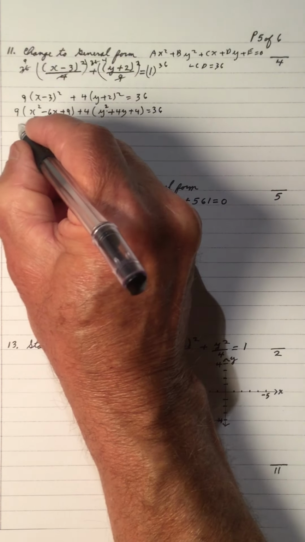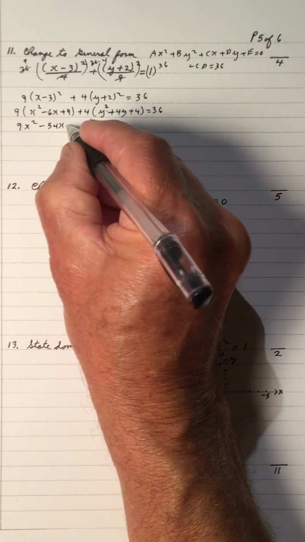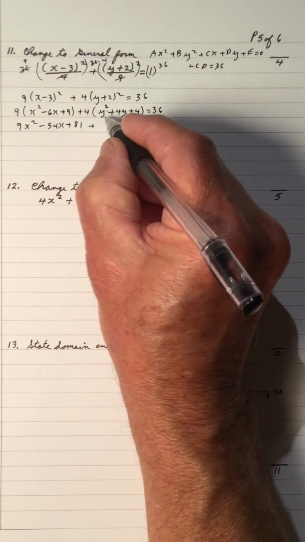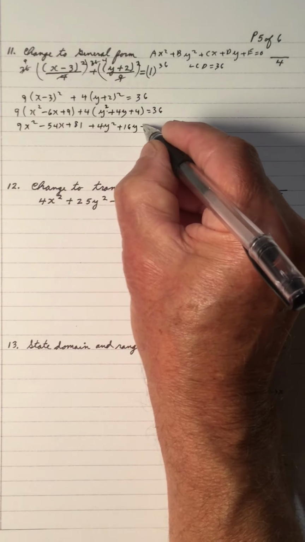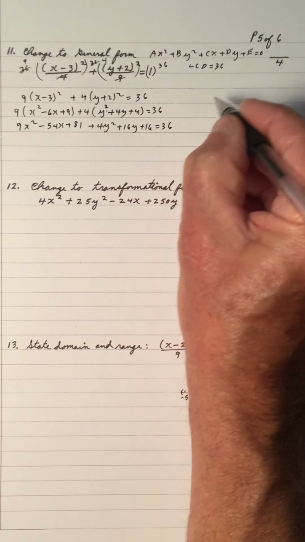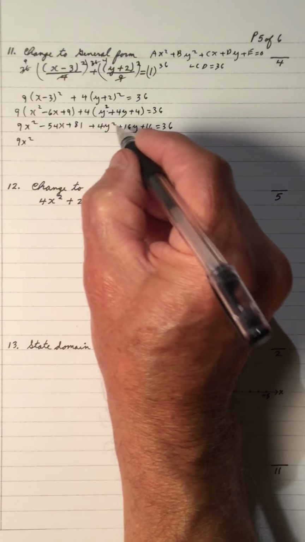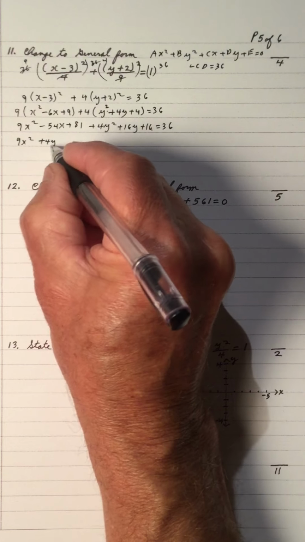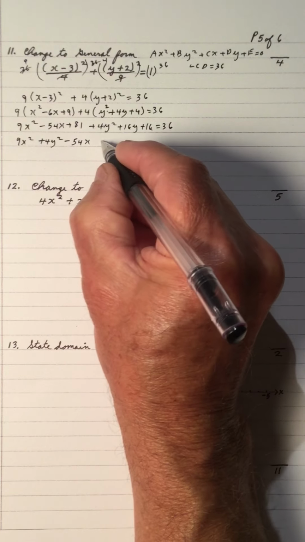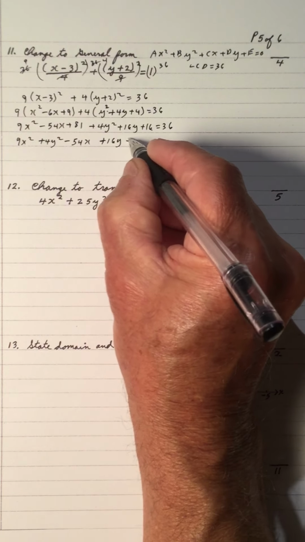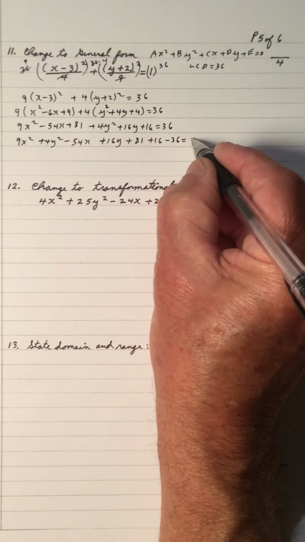36. Now I'll multiply by 9, and I'll multiply through by 4. In the general form, I put it in the order of 9x squared plus 4y squared minus 54x plus 16y plus 81 plus 16 minus 36 equals 0.